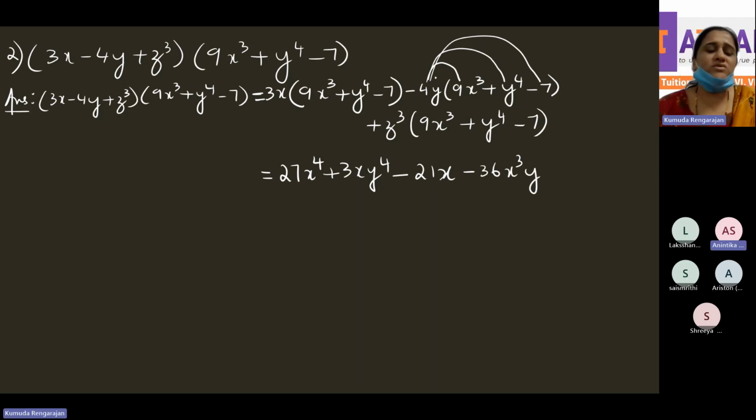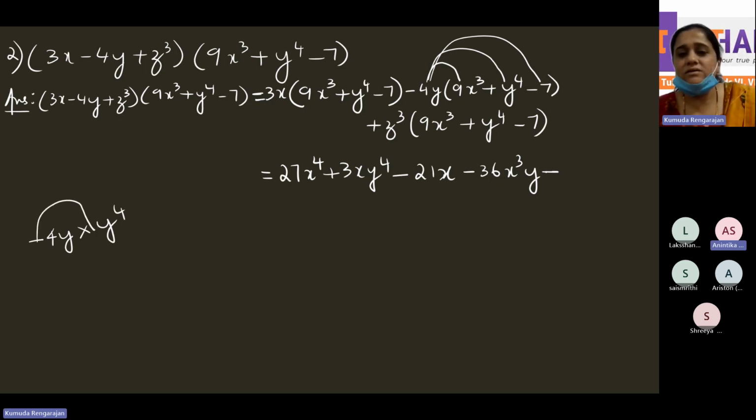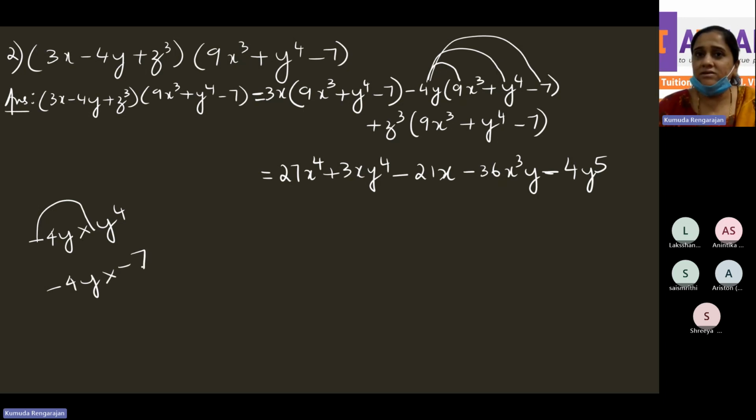No, darling, y. See, children, we'll have to be careful. Next you're multiplying minus 4y and y to the power 4, right? So minus into plus, minus 4y raised to the power 5. Now, plus 28y, correct. So now you're multiplying the terms minus 4y and minus 7, right? So minus into minus, plus 28y. Yes. Next.